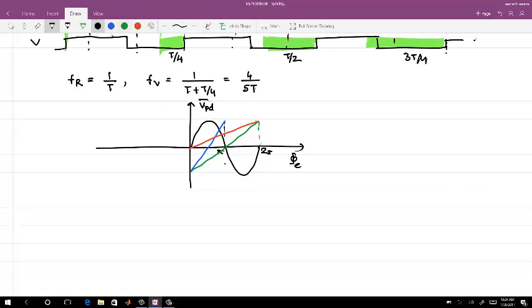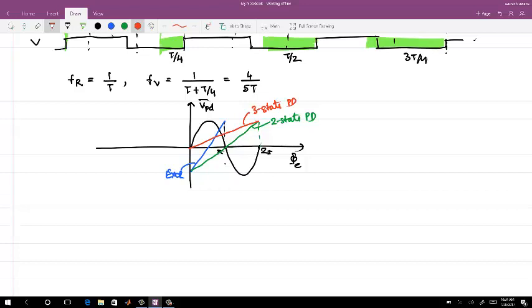Because I plotted, let me just mark this: was this XOR or two-state PD? XOR. So this was your two-state PD, and this one was your three-state PD.